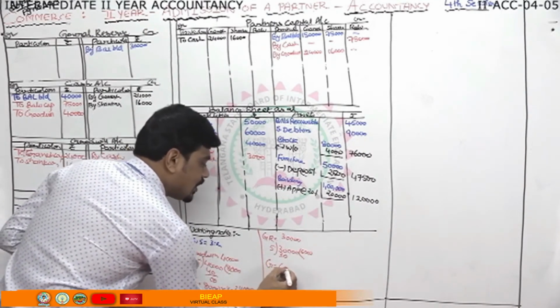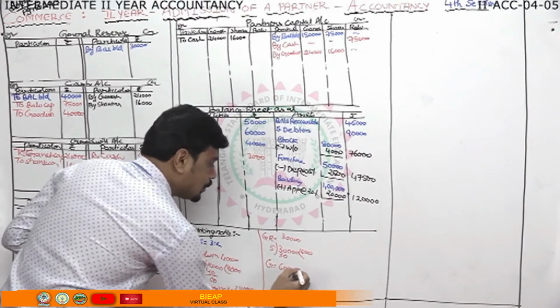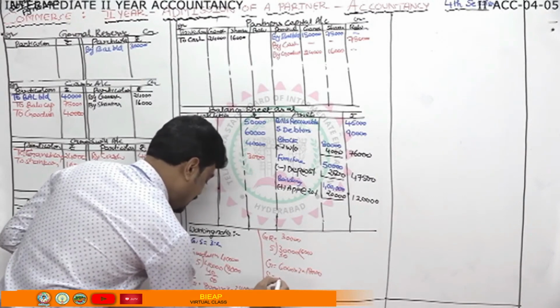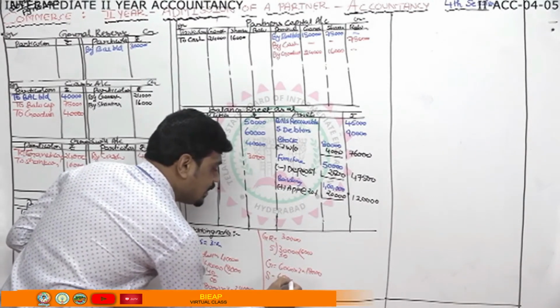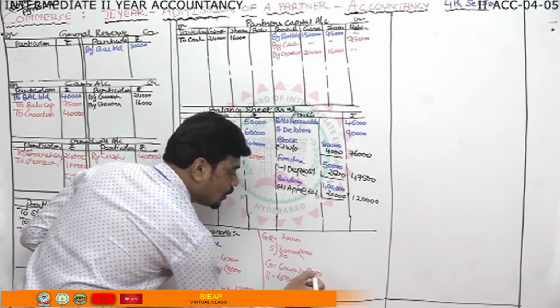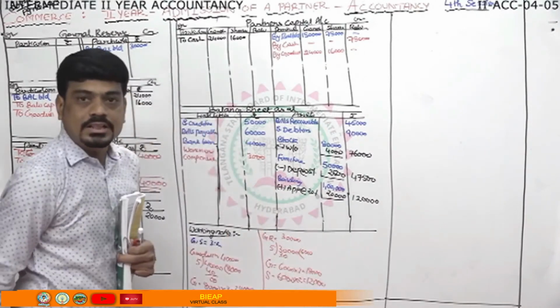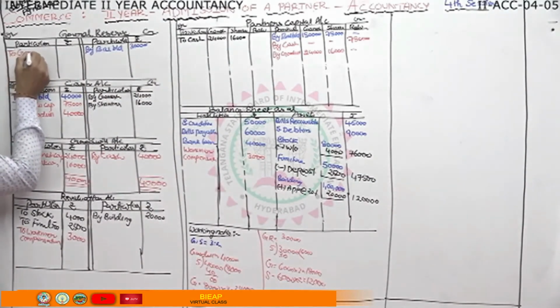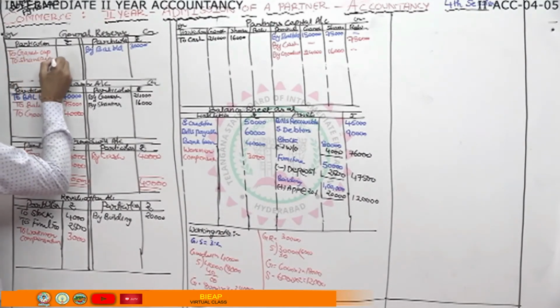So I'll do Ganesh share, 6,000 into 3, 18,000. Then Shankar, 6,000 into 2. 6 2s are 12. Again you can cross check. 18 plus 12, 30,000. So first general reserve, to Ganesh capital, to Shankar capital.